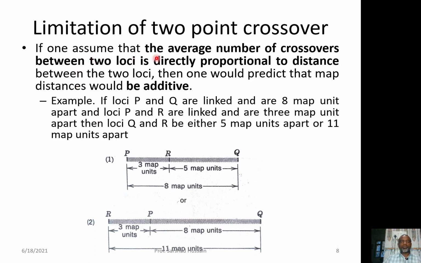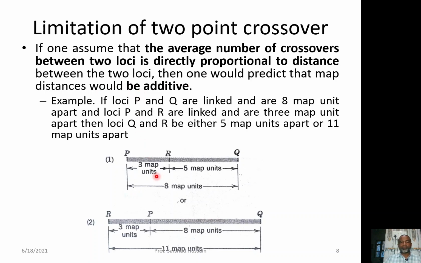If one assumes that the average number of crossovers between two loci is directly proportional to the distance between them, as we have already seen in the Morgan-Sturtevant hypothesis, we can predict that map distance would be additive. I will tell you an example.